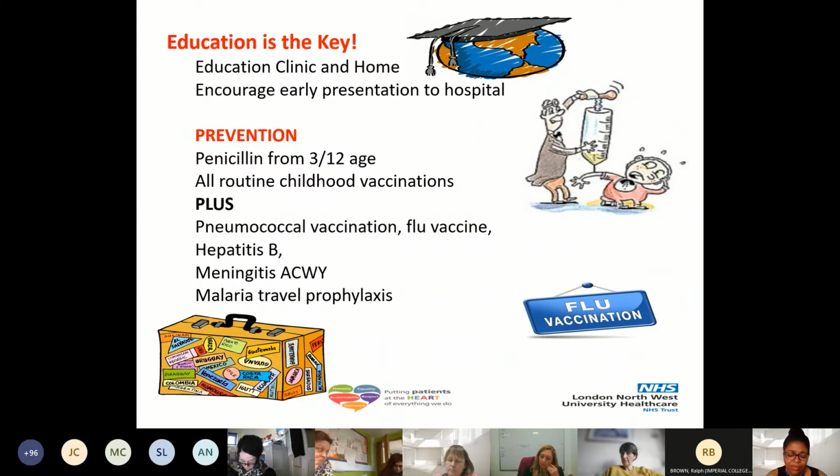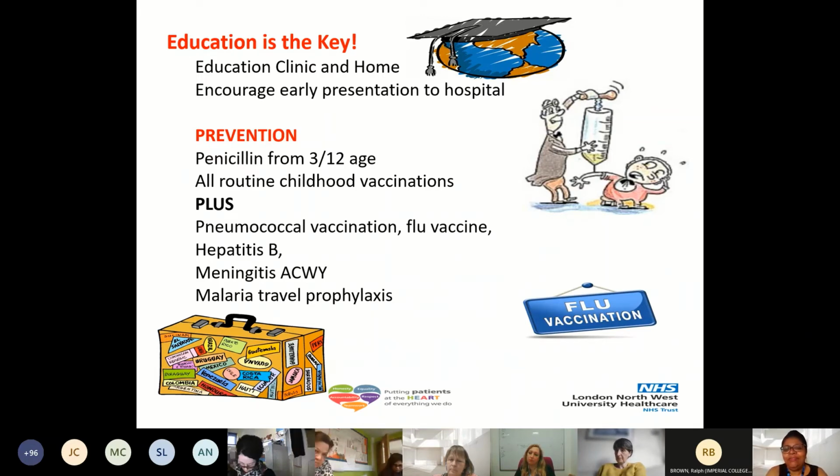It's really important. The baby or child should have their regular routine vaccinations, plus additional vaccinations also. We have something called a pneumococcal vaccine that children with sickle cell disease need to have every 5 years religiously.